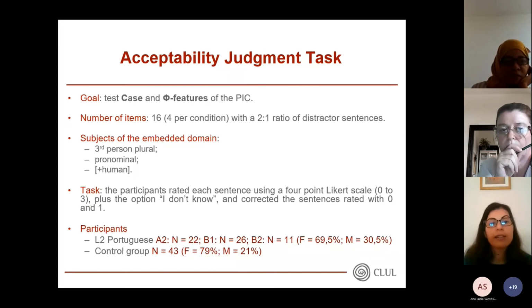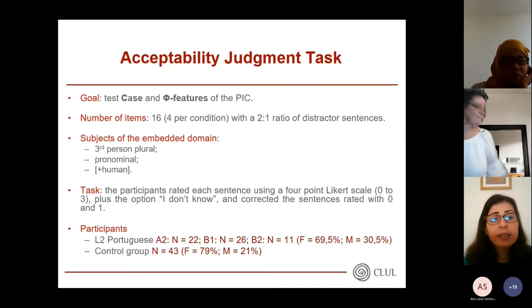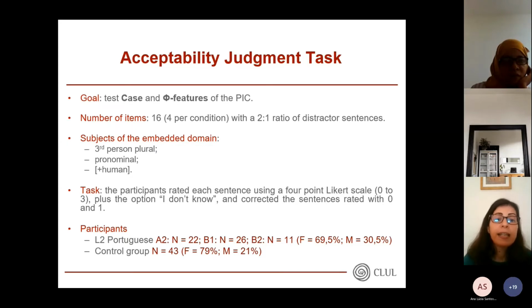So the first task was an acceptability judgment task, and the goal here was to test case properties and properties associated with 5 features of the PIC. We had 16 test items divided between 4 conditions, and we will see them in a minute. All the subjects of the embedded domain were third-person plural, pronominal, and human.